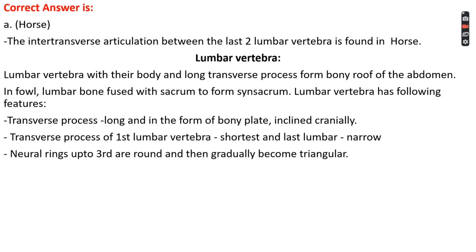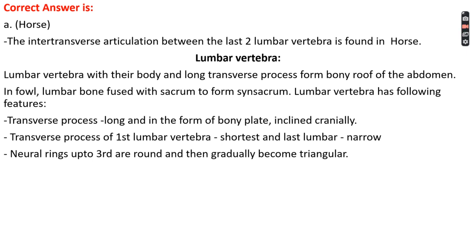The transverse process of the lumbar vertebra is long and in the form of a bony plate, which is inclined cranially. The transverse process of the first lumbar vertebra is the shortest, and that of the last lumbar vertebra is narrow. The neural ring up to the third is round, and then gradually becomes triangular in the lumbar vertebrae.